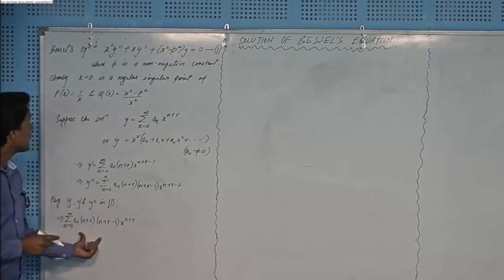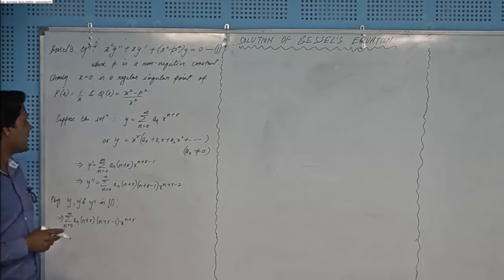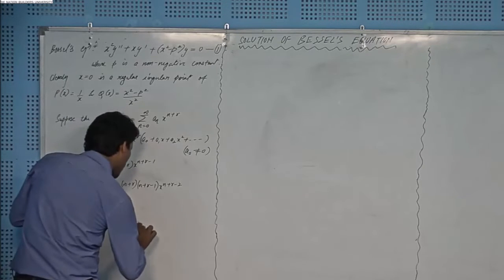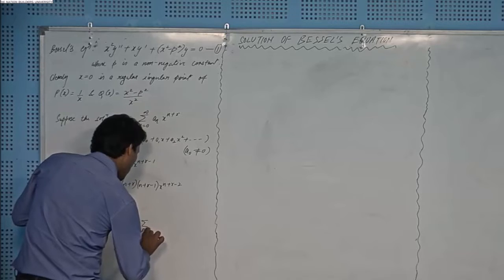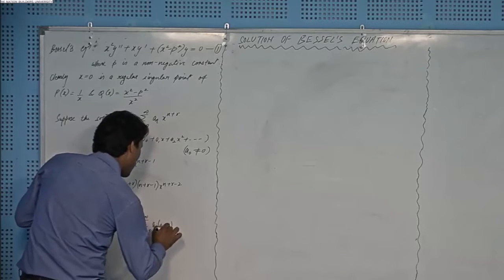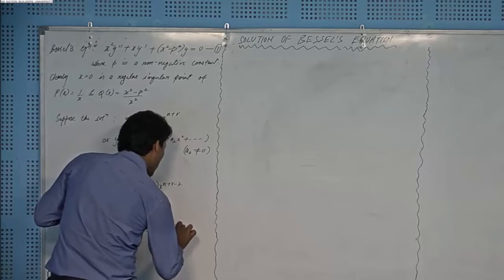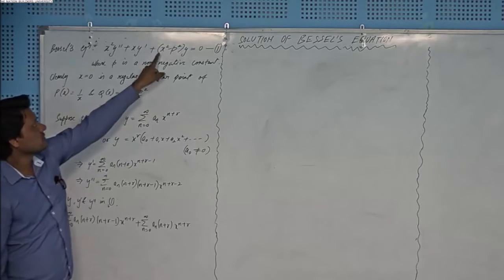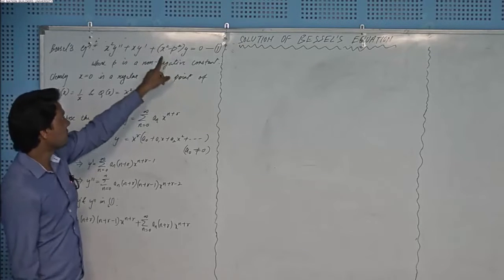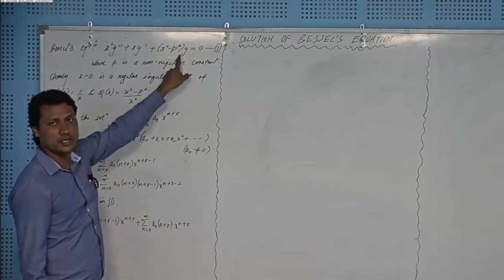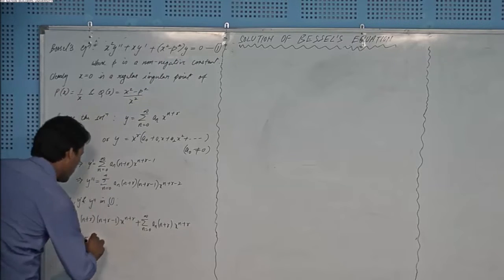So this will be your first term, and then the second term will be x multiplied with y dash. So this is your y dash, you multiply it with x, and you will get summation n equal to 0 to infinity a_n (n plus r) x to the power n plus r, right? And here you actually have two terms. The first is x square multiplied with y, and then p square multiplied with y, so I have to write two terms separately.